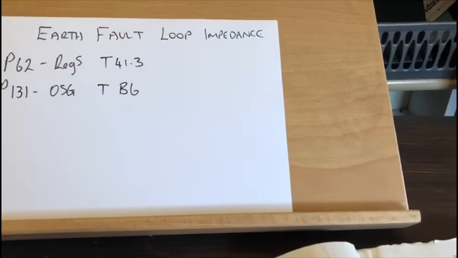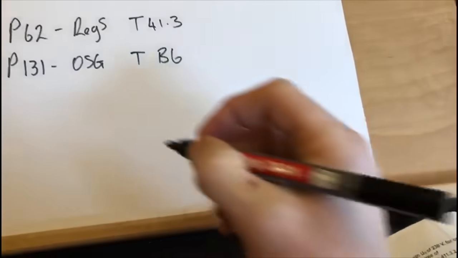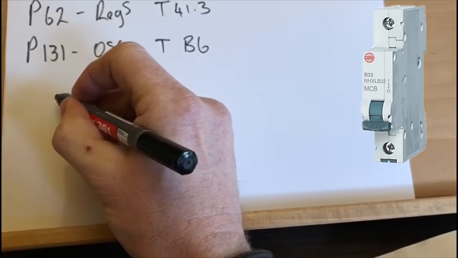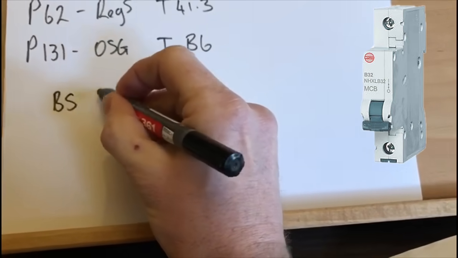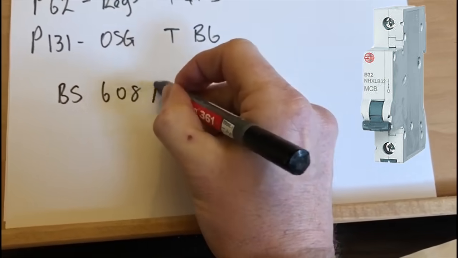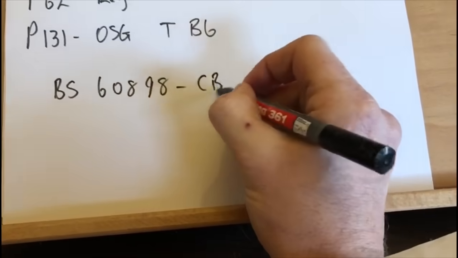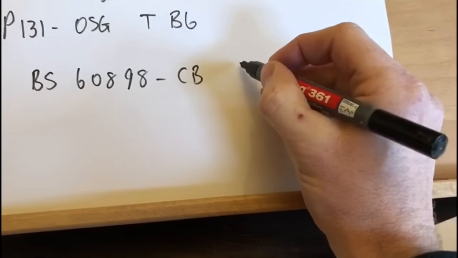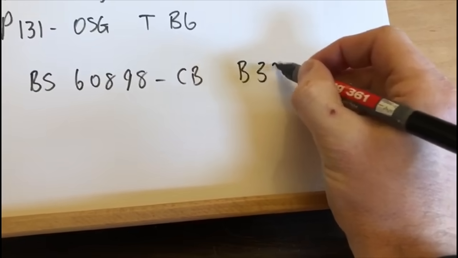So let's consider a 32 amp circuit breaker. That's a BS 60898 circuit breaker, and in particular it's a B 32 amp.